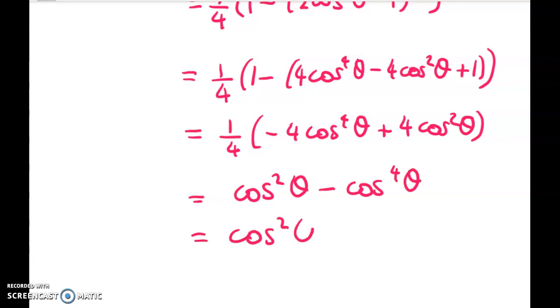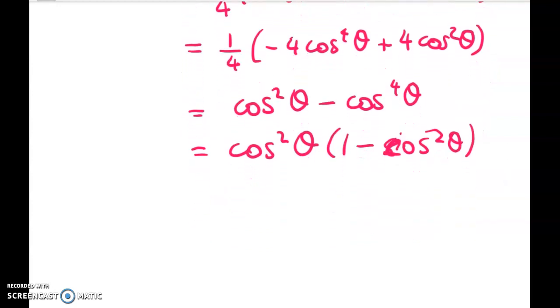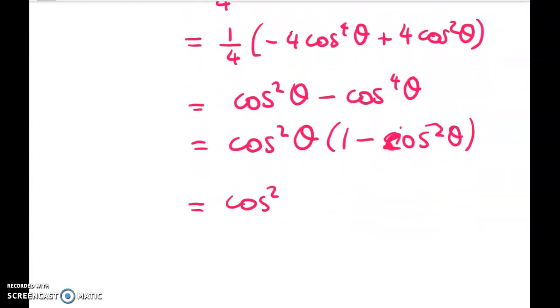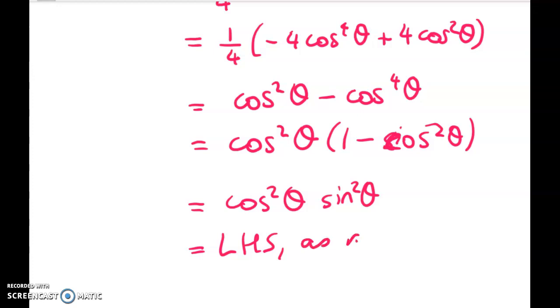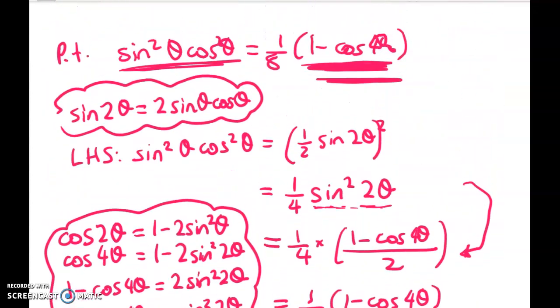So we're back to the easy AS stuff now. We've got the Pythagoras identity coming up in a minute. There we go. And we've got cos squared theta, sine squared theta, which is the left-hand side as required. Okay, so that's the first identity question, and that's the harder of the two.